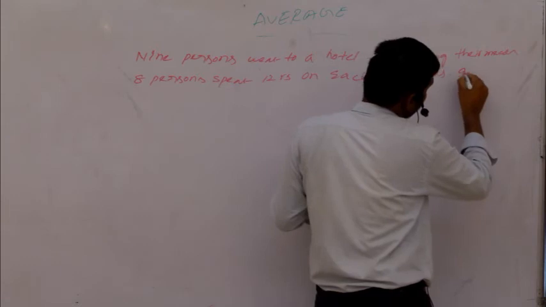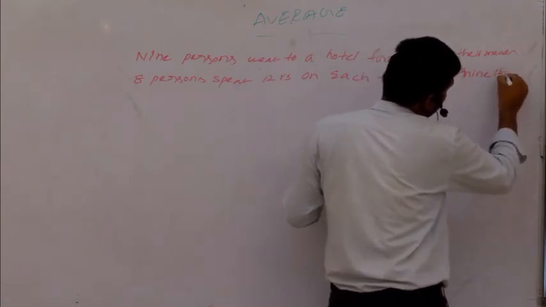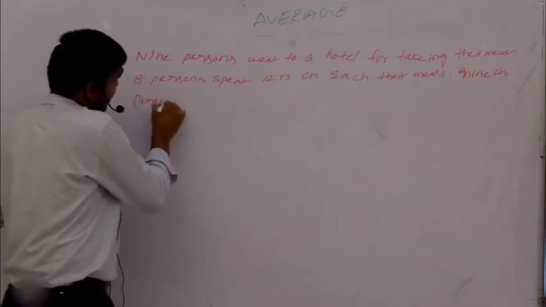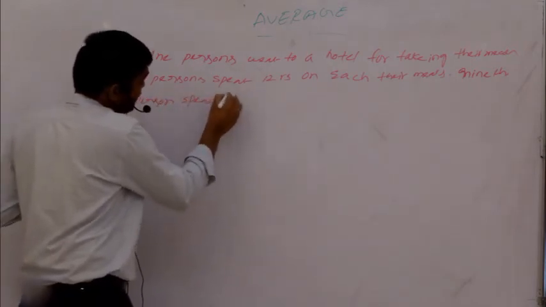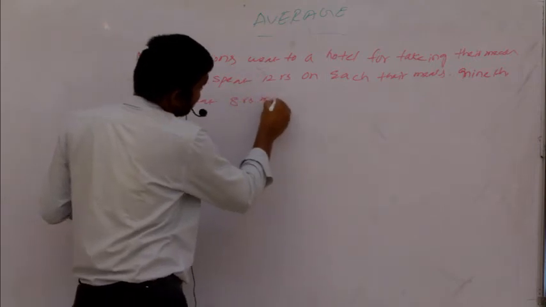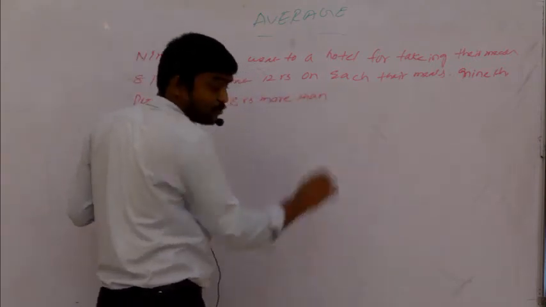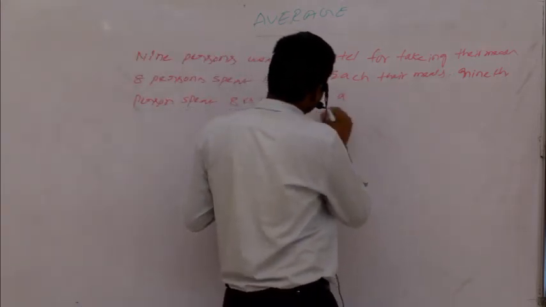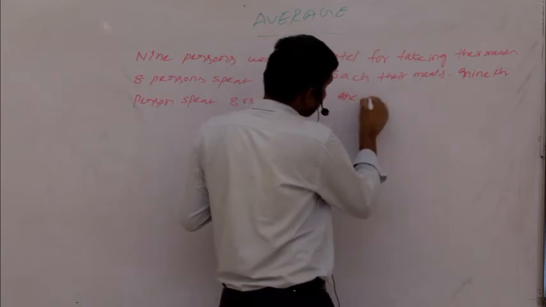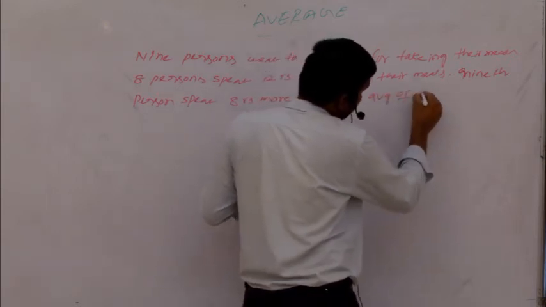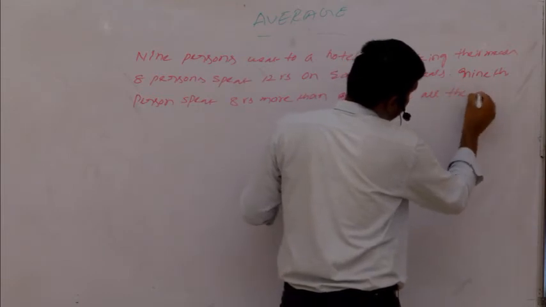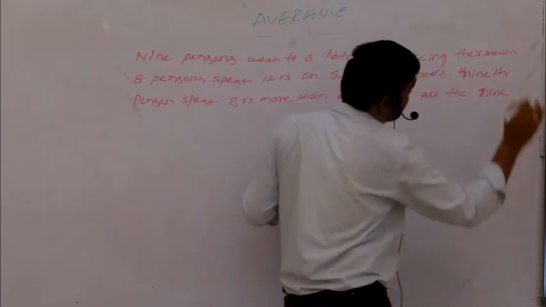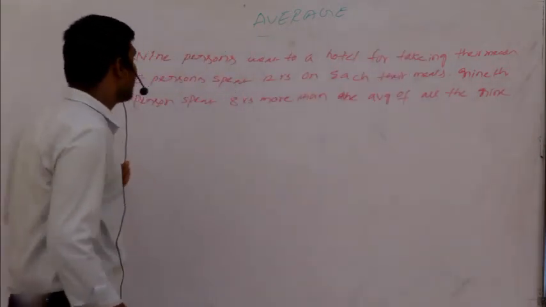The ninth person spent 8 rupees more than the average of all the 9. Find the total money spent by them.